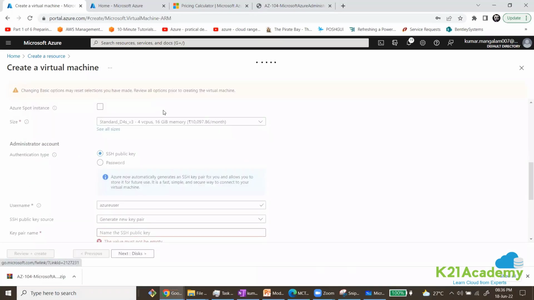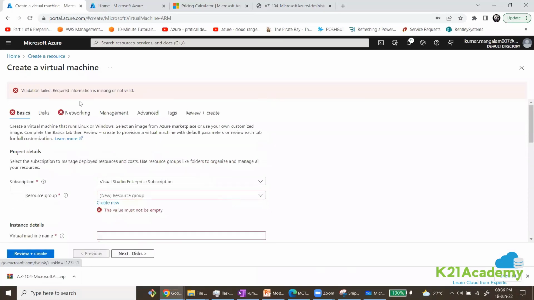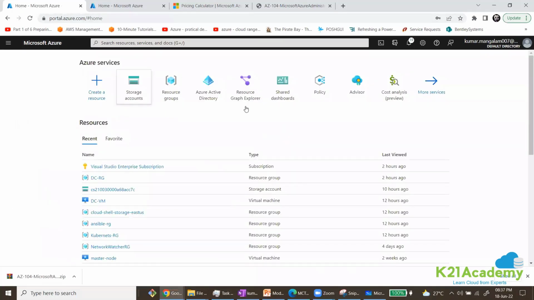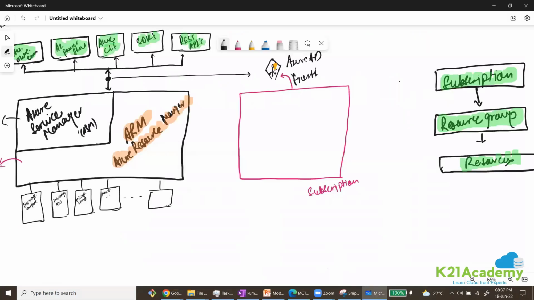Where you are filling this form, at portal.azure.com, that is basically your ARM portal. Now, what will the ARM portal do?